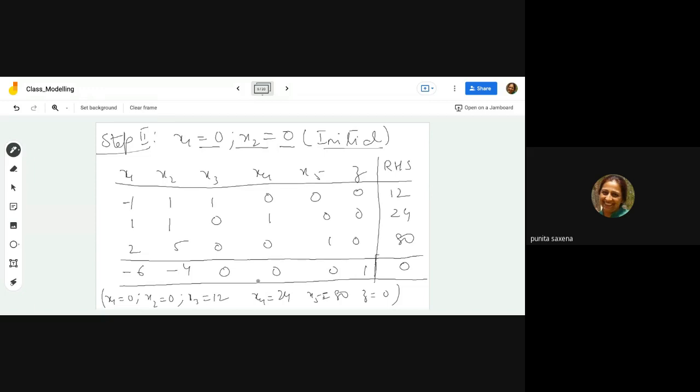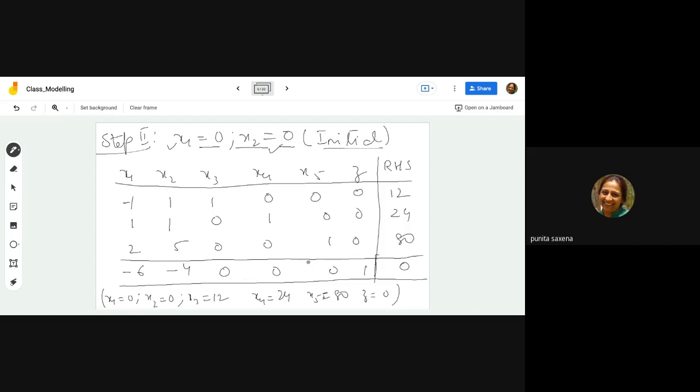When you move on, it means that from x1 and x2, one of the variables becomes non-zero. That is what it means, that some other variable will take a value. In a way, either x1 or x2 will become non-zero and some other variable will become 0. Are you getting my point?